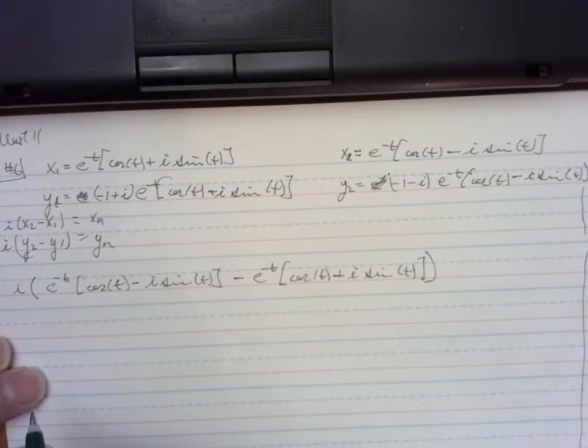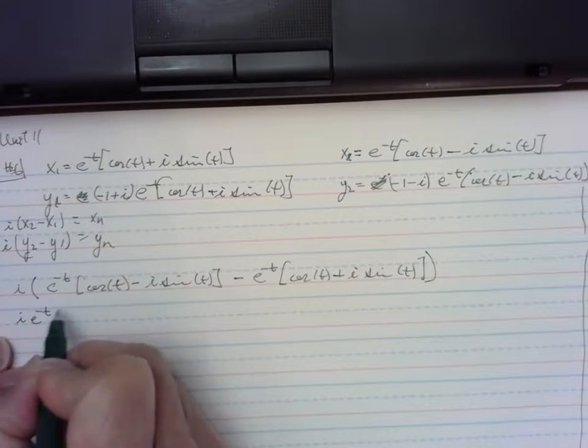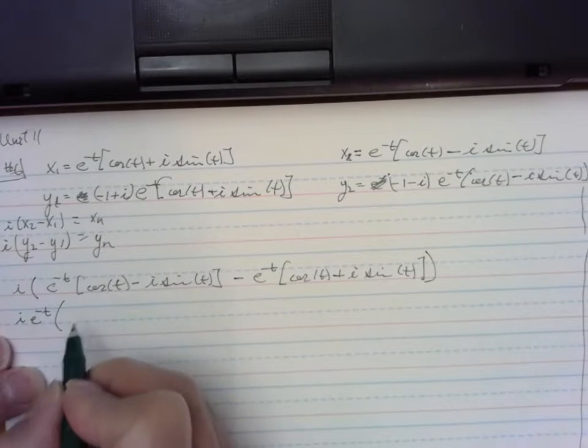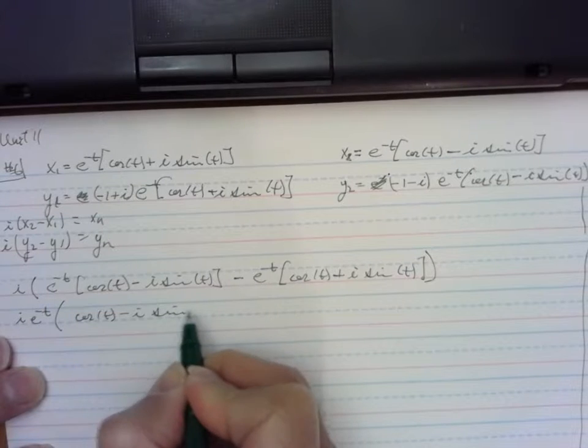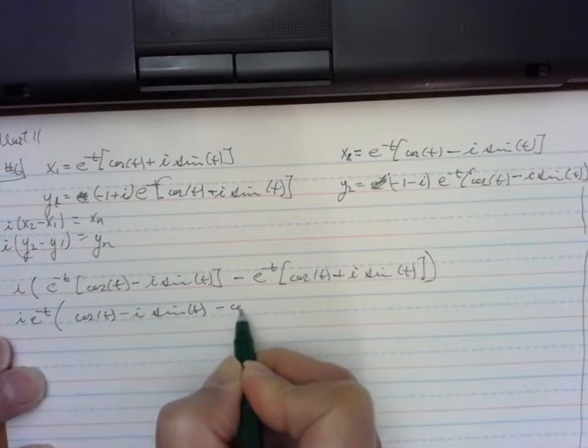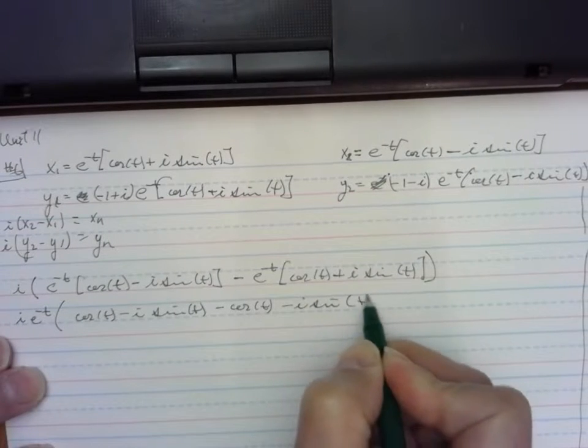What we're going to do is subtract those two, so I can factor out my e to the minus t, and I have a cosine of t minus i sine of t minus cosine of t minus i sine of t.